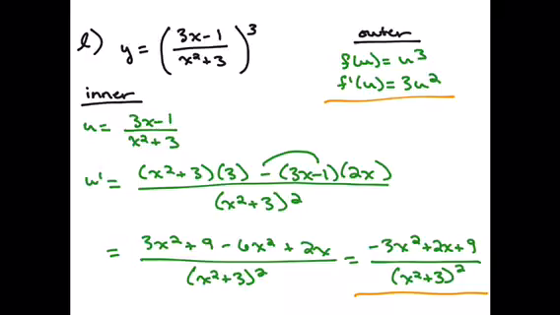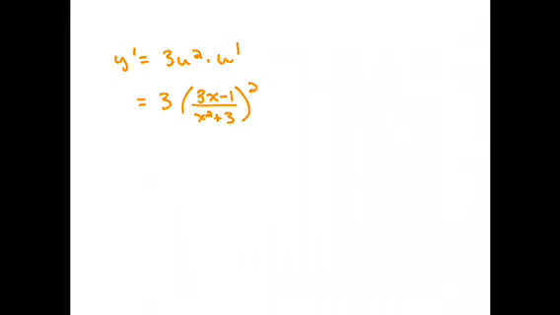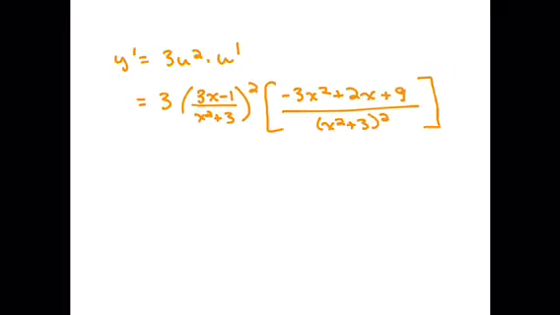So 3u squared times u prime becomes 3 times ((3x minus 1) over (x squared plus 3)) squared, times our u prime, which was (negative 3x squared plus 2x plus 9) over (x squared plus 3) squared.